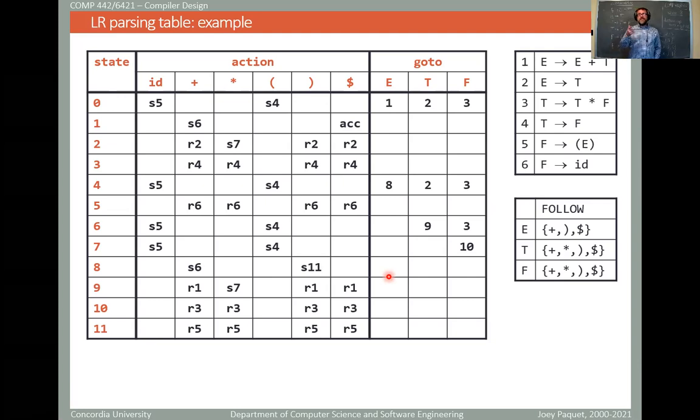In this particular case, if you are using this parsing method and you are peeking into the table and you go into an empty cell in the go-to table, that means the go-to table was wrong. Okay, that doesn't mean that there was a parsing error. However, if you hit an empty cell in the action table, that's a different matter, but it just cannot be that you would peek into an empty cell in the go-to table.